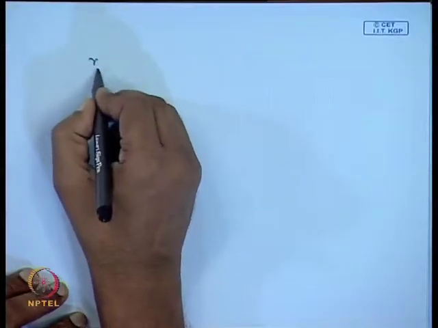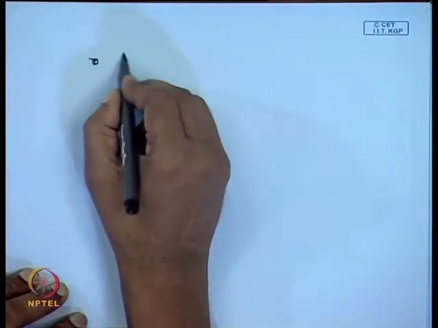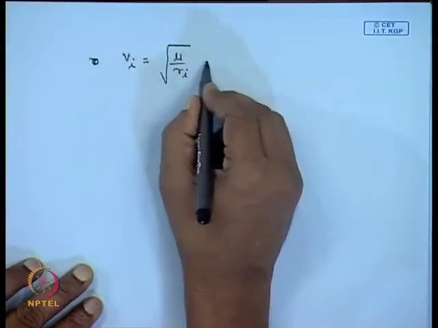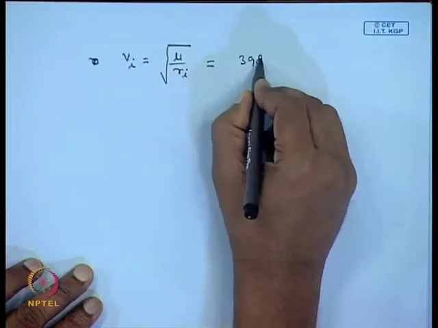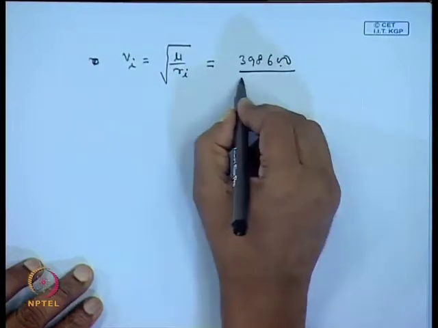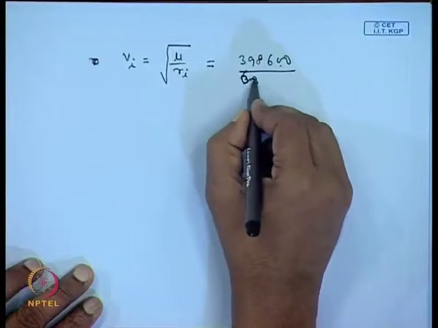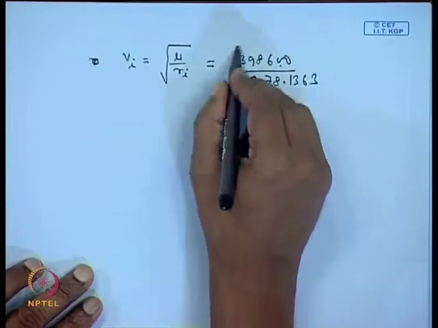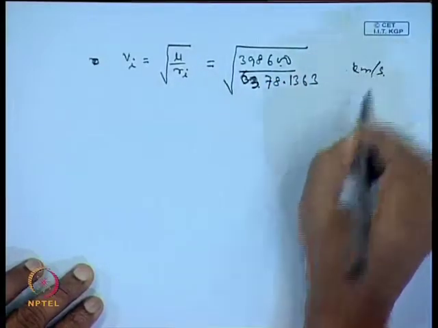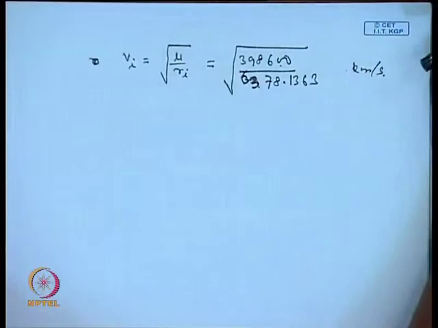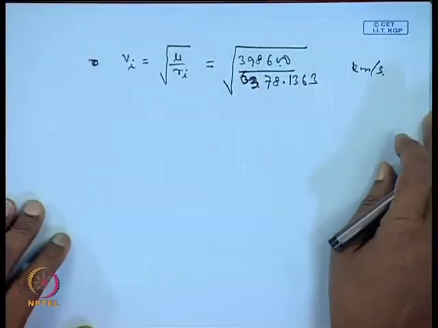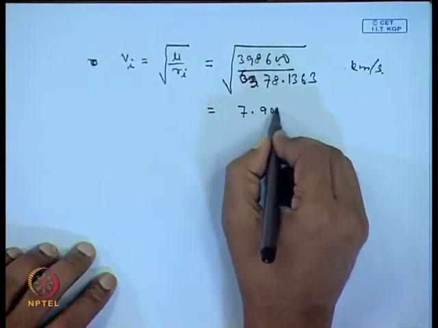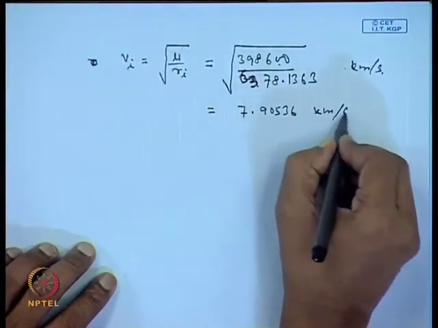Now, with this initial radius r I, we can calculate V I equal to the square root of mu by r I. So, 398600 divided by 6378.1363, under root, and this gives you velocity in kilometers per second. So, this will turn out to be around 7.90536 kilometers per second.